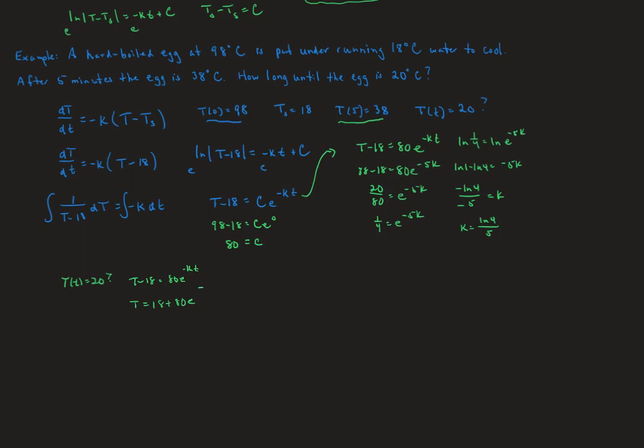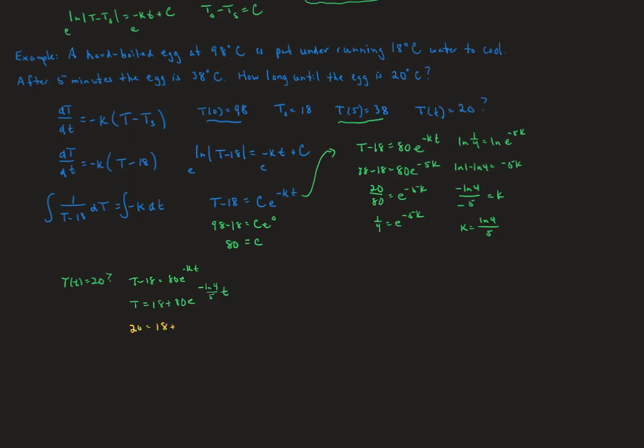So that's going to be a negative natural log 4 over 5, or whatever decimal you want to put in for that. And then we want to know, when is the temperature going to be 20? So we can then plug in for the capital T the 20, because that's going to be our temperature.